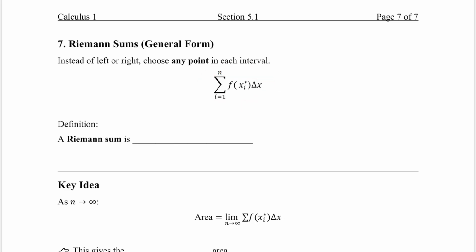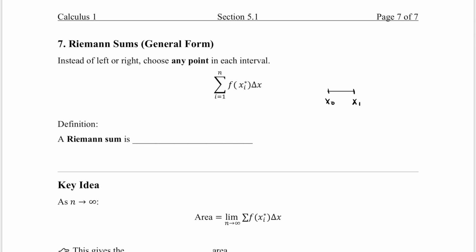Now, let's understand what that means. Imagine we have an interval from x0 to x1. Before, we picked the left endpoint or the right endpoint. But now, we can pick any point inside the interval. It could be in the middle, it could be closer to the left, or it could be closer to the right.